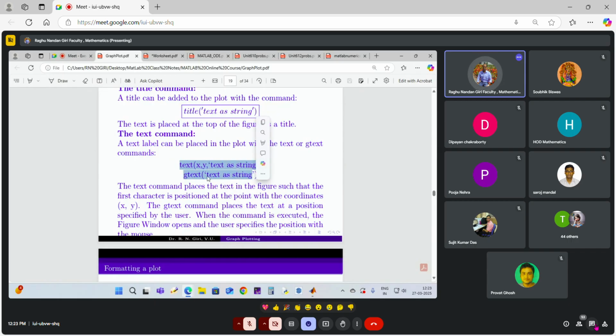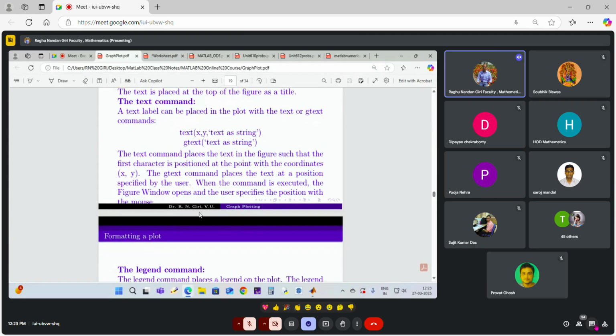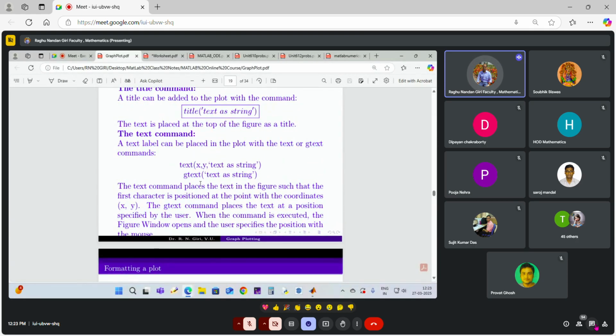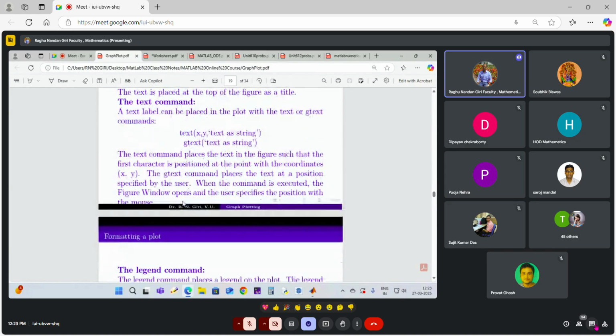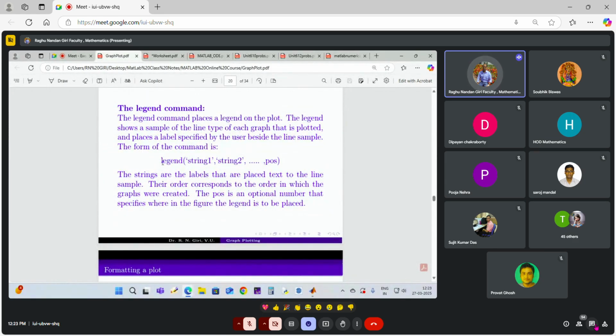Next, I did not demonstrate these commands, text and gtext. I will come back to them. Text and gtext are for adding a text message to your graph. I also told you the legend command, basically used when there are multiple graphs in one window. We do not easily understand which graph is for what function by looking at the figure.